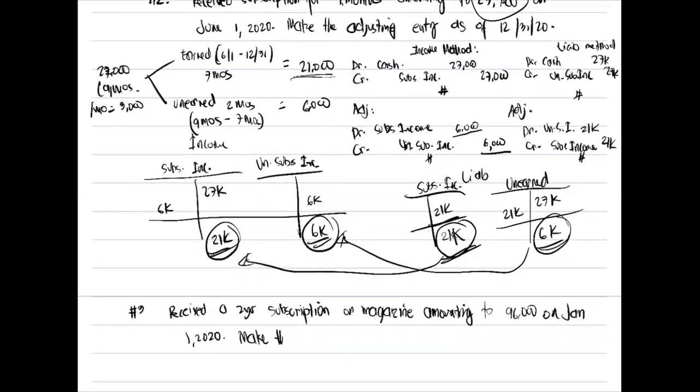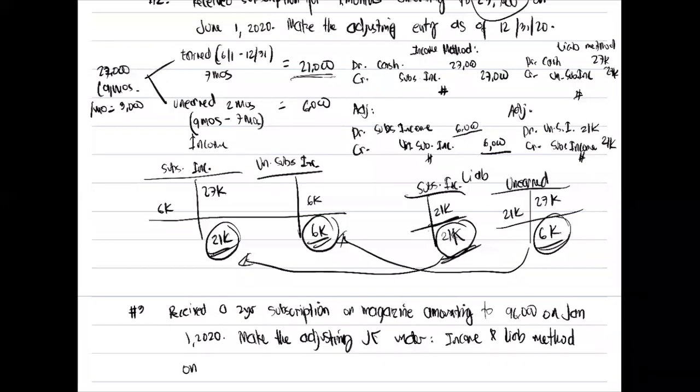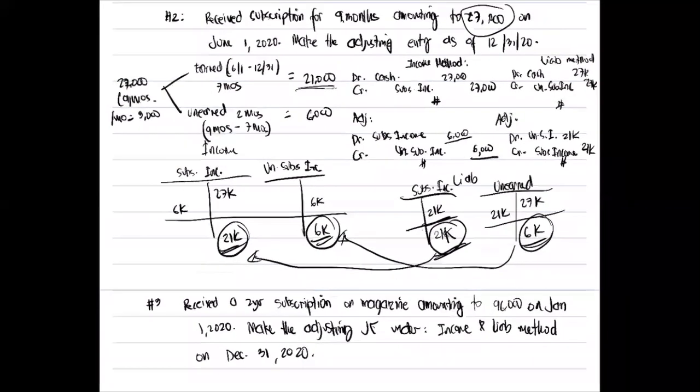Make the adjusting journal entry under income and liability method on December 31, 2020. Okay, so you try this one.